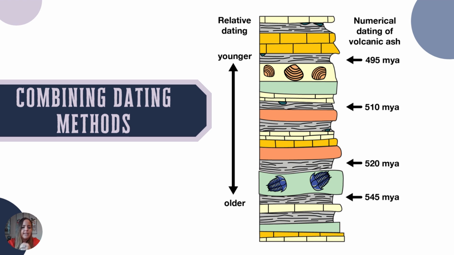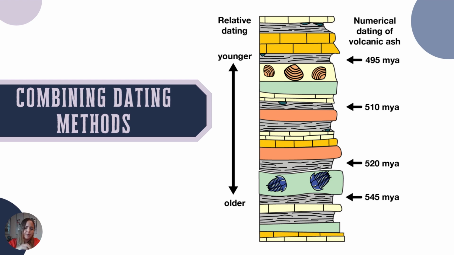All right, combining dating methods, we can also use relative and absolute age dating together. We can say that the layer at the bottom is older than the layers at the top. Some of these layers have fossils or rocks in them that we can actually date, and we can put some numbers in between.